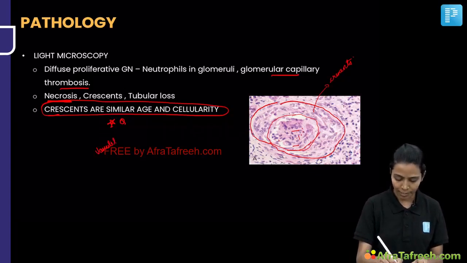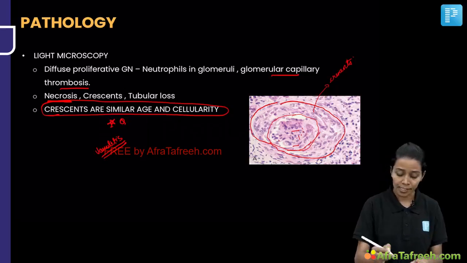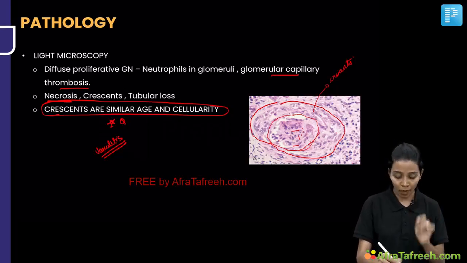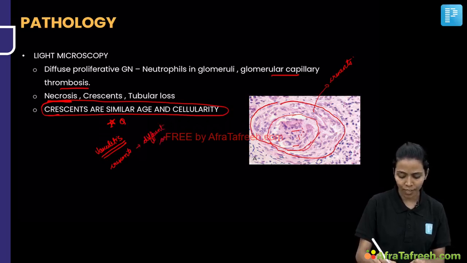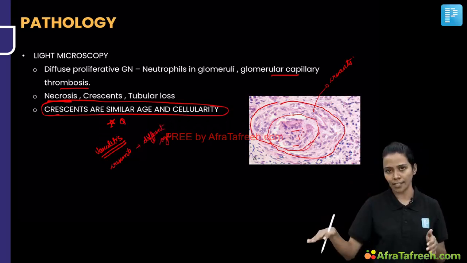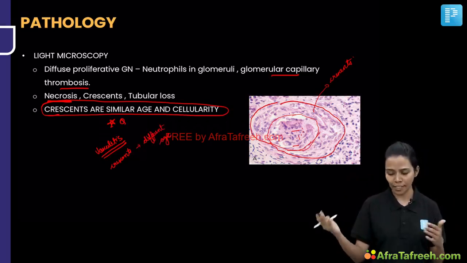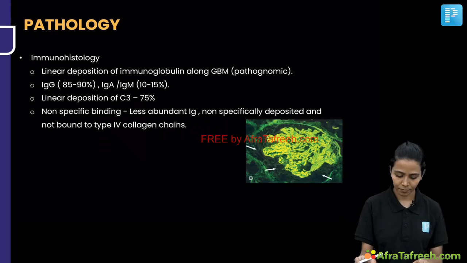I'll talk about this in detail when I teach vasculitis. In this also, there are going to be plenty of crescents, but how do we differentiate? Crescents are going to be of different ages because vasculitis is a continuous process. It's not like antibodies produced in one surge and then it stops. So crescents keep occurring at different ages. Here in anti-GBM, you have to remember that all crescents are of same age.